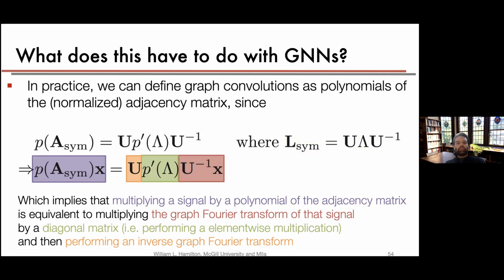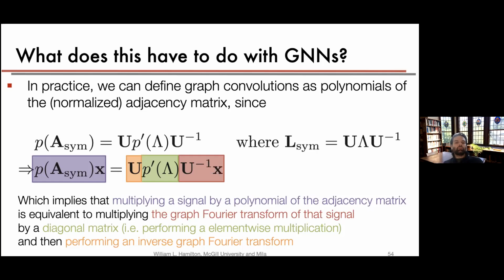This fact implies that when we multiply a signal or some node features by a polynomial of the adjacency matrix, this is equivalent to multiplying the graph Fourier transform of that signal by a diagonal matrix, which is equivalent to element-wise multiplication, and then performing an inverse graph Fourier transform.